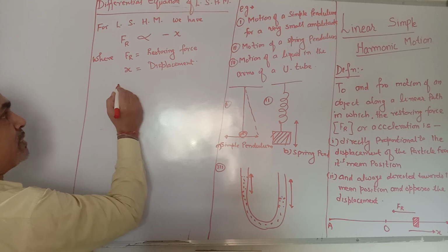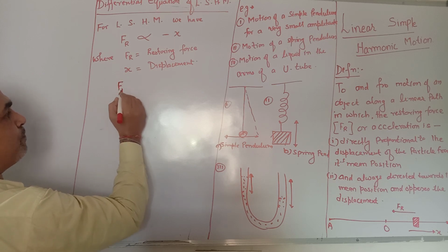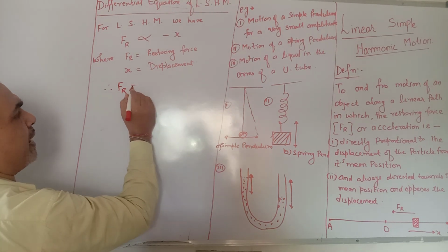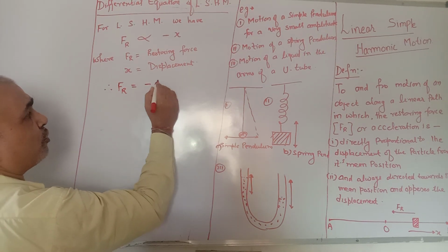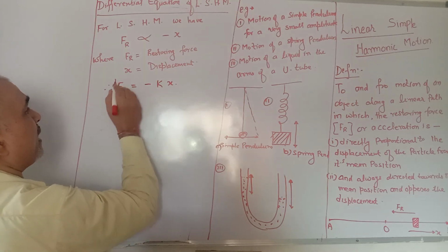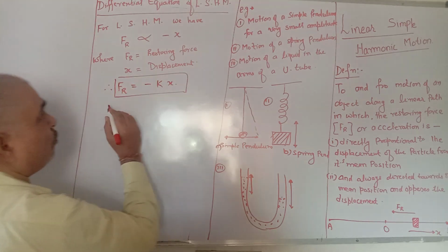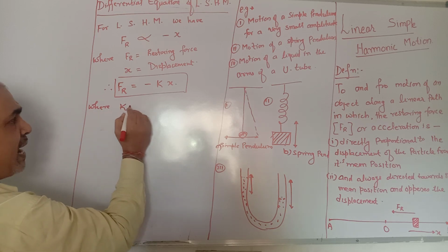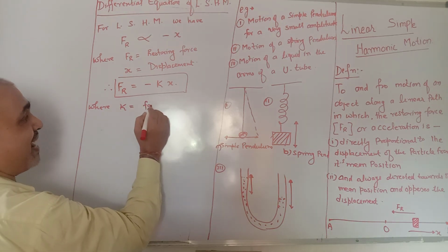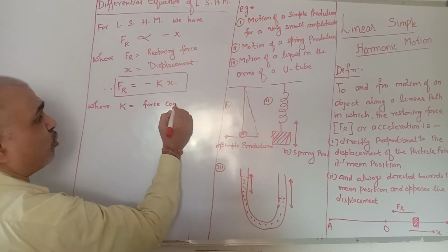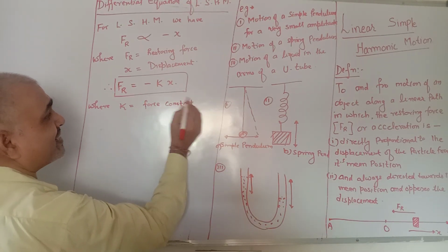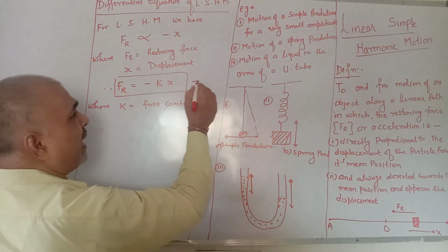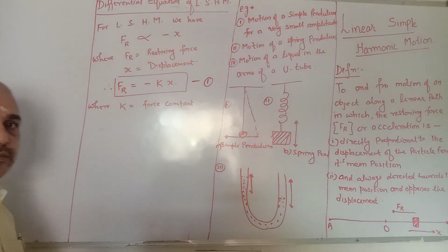Now we can replace this proportionality. After replacing it, you will get Fr equals minus k into x, where k is a constant called the force constant. This you can take as equation number 1.